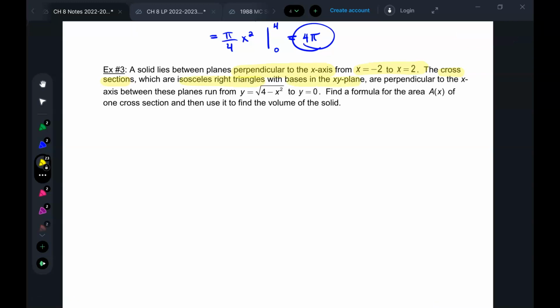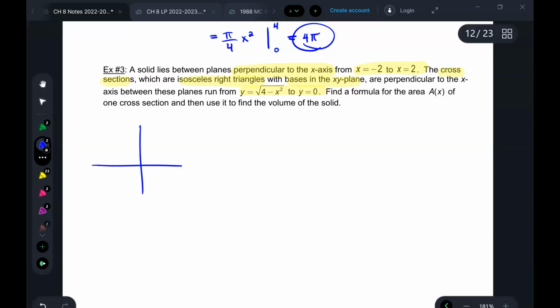That's going to change things. And it's a semicircle. So let's just draw first. I'm a visual learner, so I tend to teach that way. Okay, so it's a semicircle with radius 2.